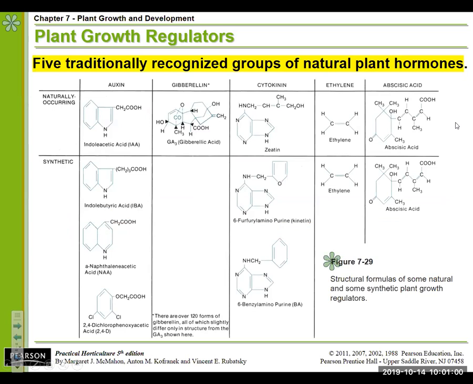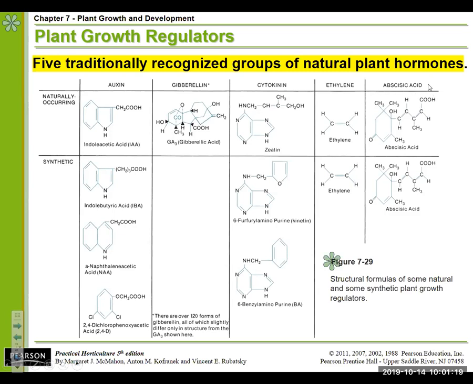So we have five traditionally recognized groups of the natural plant hormones, and they are the auxins, the gibberellins, cytokinins, ethylene, and abscisic acid.